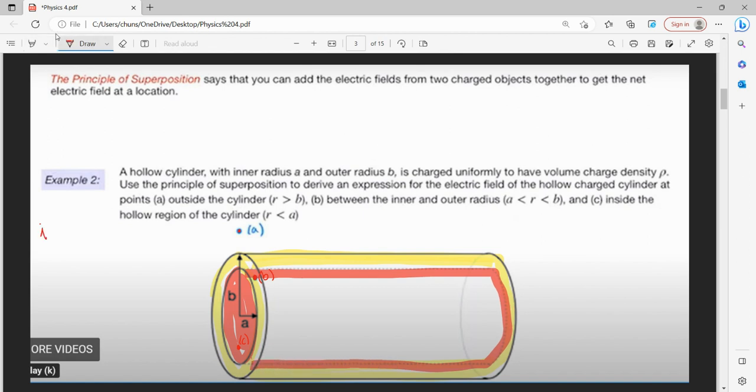So if we were to write this out for part A, this would be our positive electric field plus our negative.